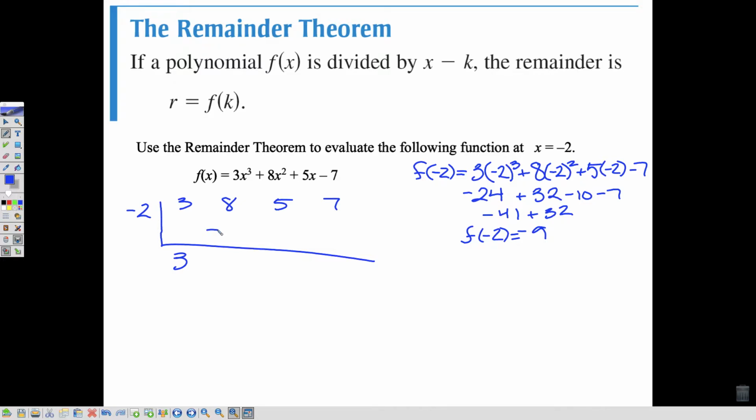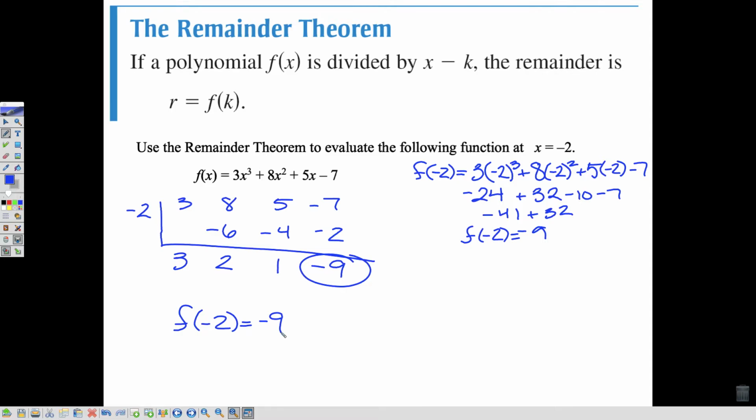So I get -6, -2, -4, 1, -2, -9. Wow. Do not do the opposite side. All you do is combine. With synthetic division, you don't have to do any of that.